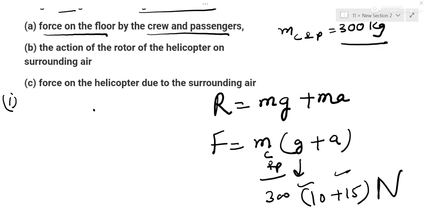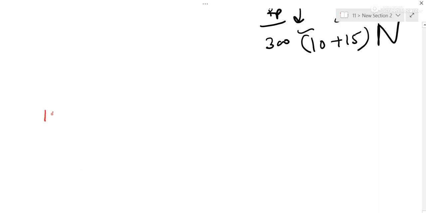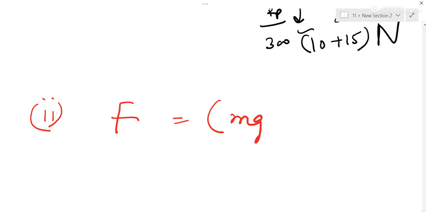Now coming to the next. Next is the action of the rotor of the helicopter on the surrounding air. So now you will take the same formula, that is weight plus ma.